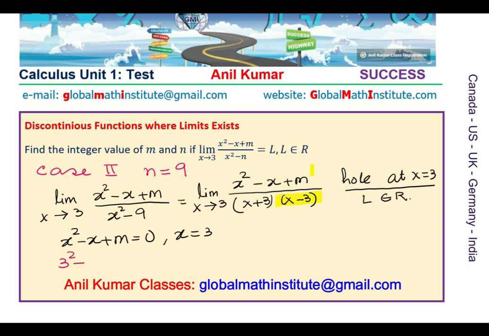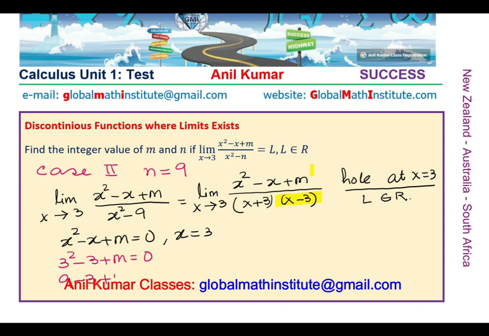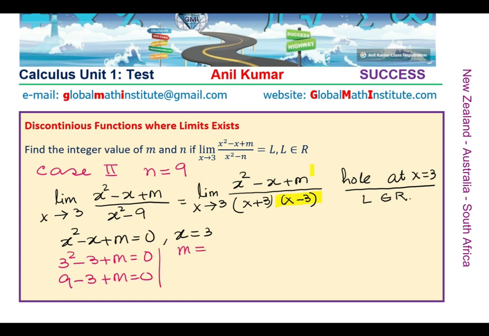We get 3 square minus 3 plus m equals 0. So 3 square is 9, minus 3 plus m equals 0. Now that gives you m equals minus 6. So if n is equal to 9, then m is minus 6, correct? So we get our solution m equals minus 6 for n equals 9.